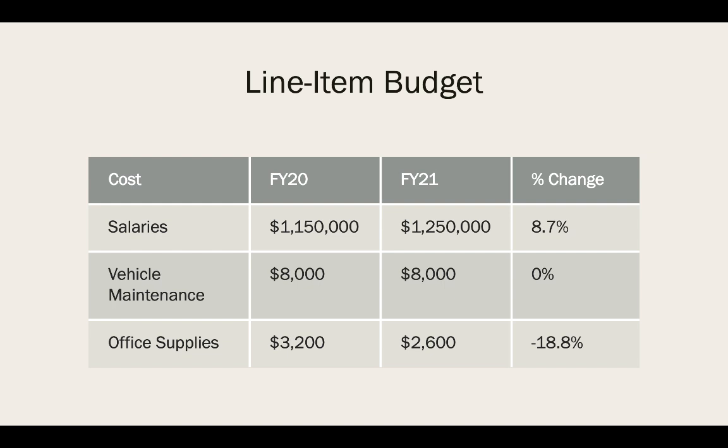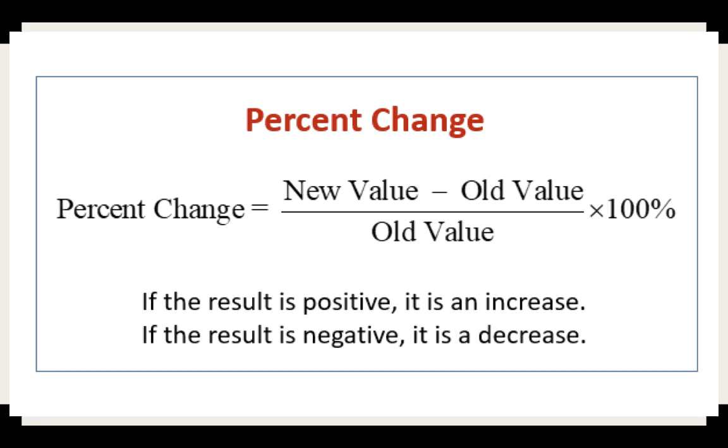Going from one year to the next, I might increase or I might decrease. So I've got the amount I spent, let's say last year, the amount I'm going to spend maybe next year, and then my predicted change between the two. With that, I did include a percent change.